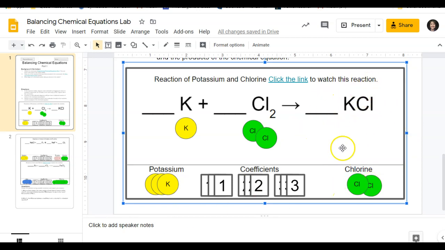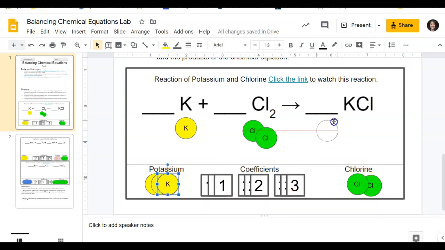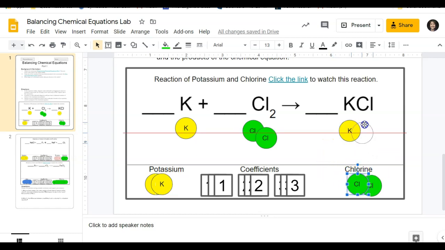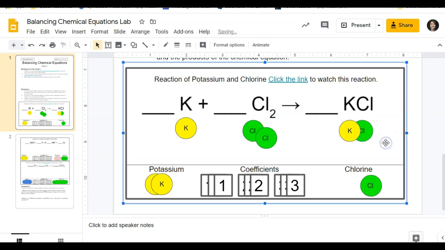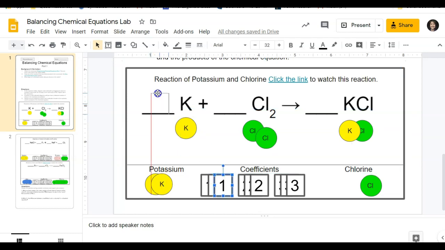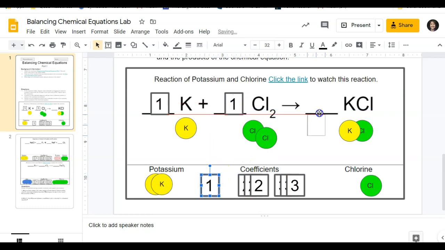Now, KCl stands for potassium chloride. It has 1 potassium and 1 chlorine. So that will be our potassium chloride molecule. At this point, I have 1 of each. 1 potassium, 1 chlorine, and 1 potassium chloride.